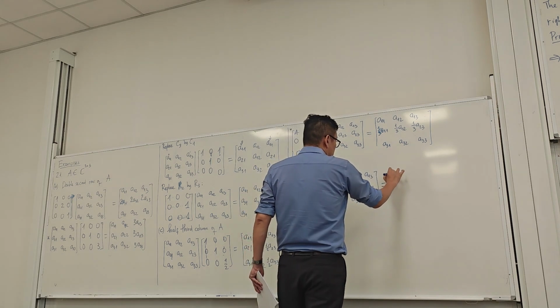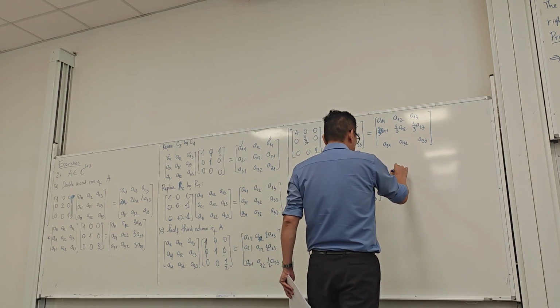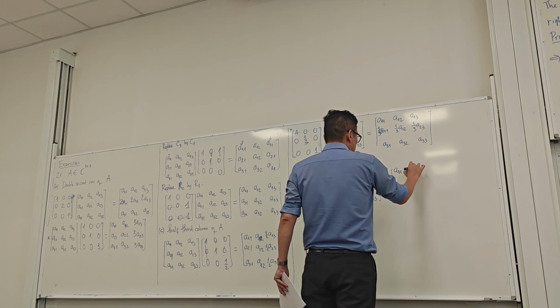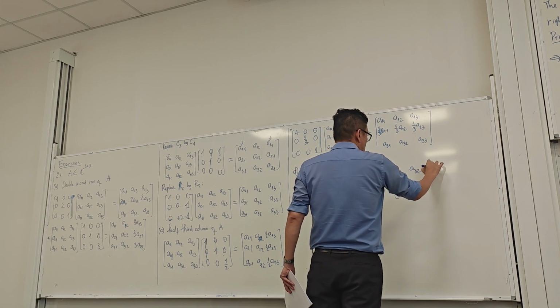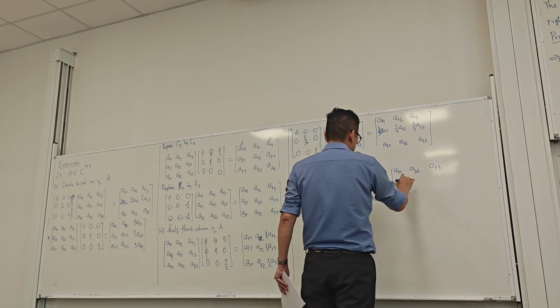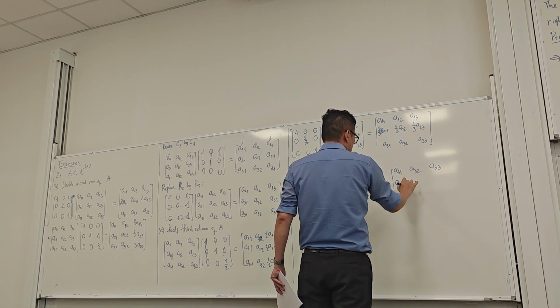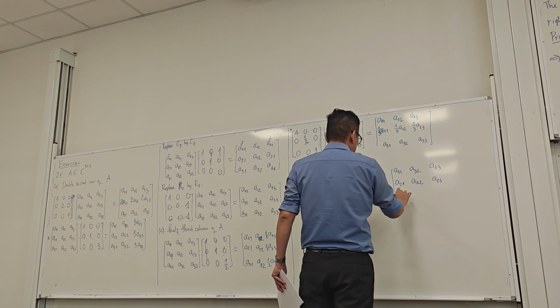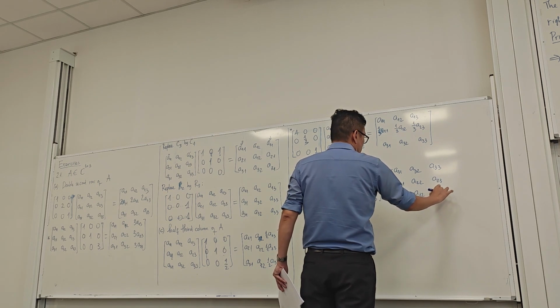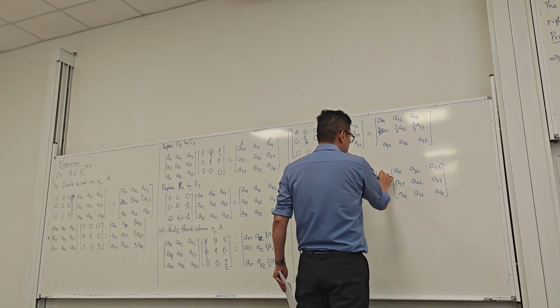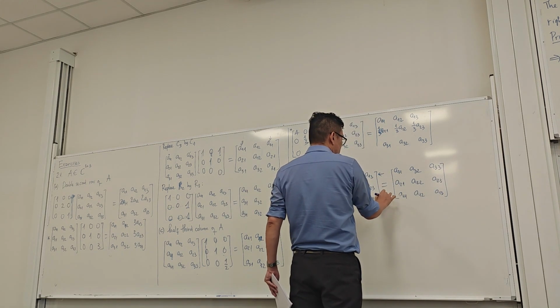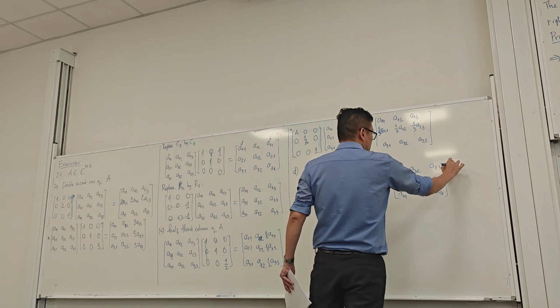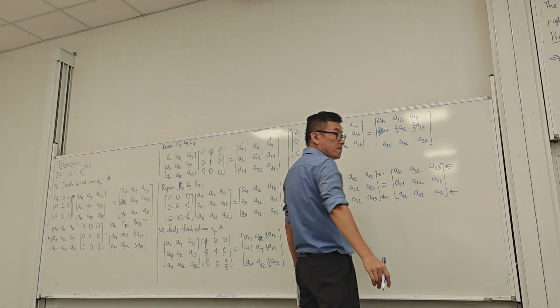Now you want to have the matrix in which you swap the two rows. So this is A31, A32, A33, A21, A22, A23, A11, A12, A13. Can you see that? You can see this one and this one, right? And now this one become here and this one become here.